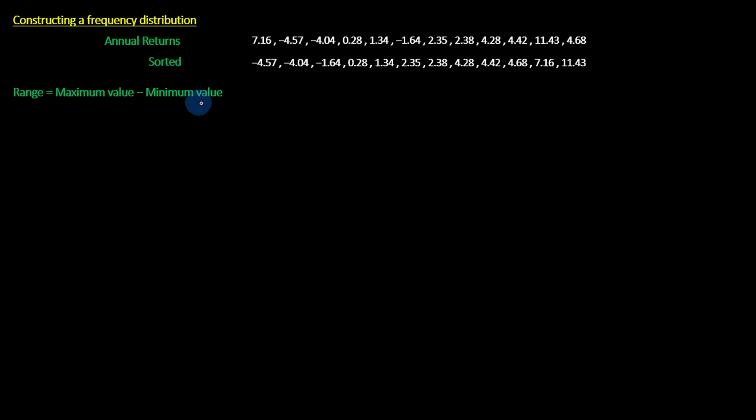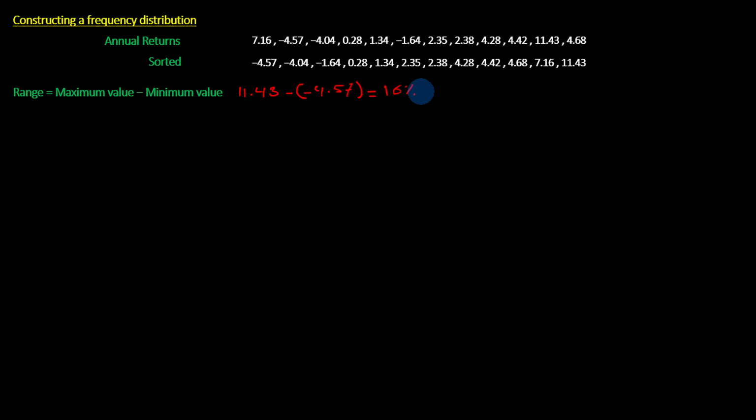Our maximum value is 11.43, then minus minus 4.57, right? So there will be a 16% difference between my minimum value and my maximum value, which is my range, right?